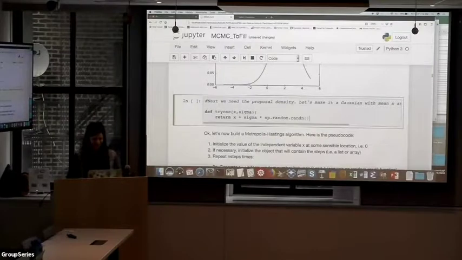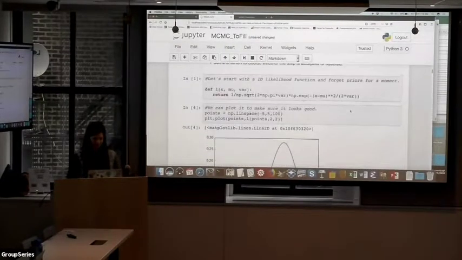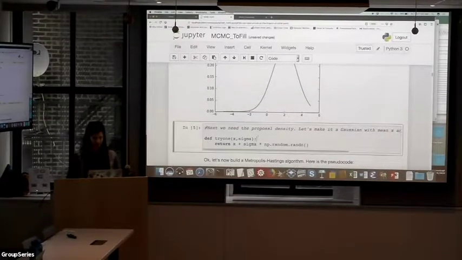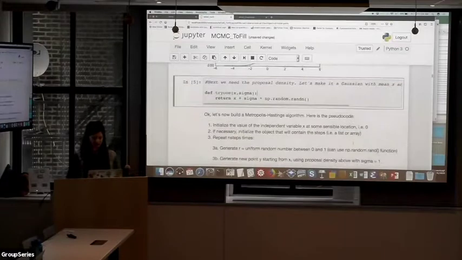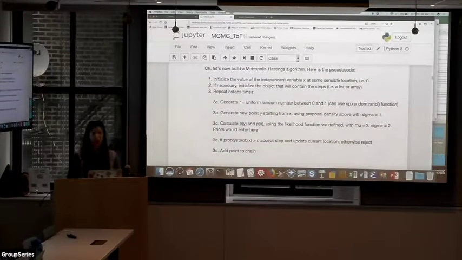Okay, all right, and so we have this function. And so basically, now that we have the likelihood and we're ignoring the priors, and we have our proposal density, let's give 10 minutes and try to build a Metropolis sampler, just because it's fun to do.